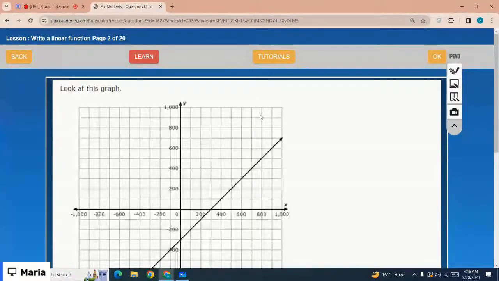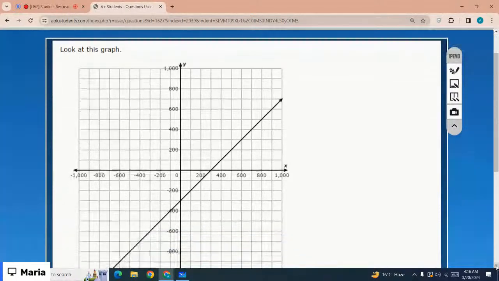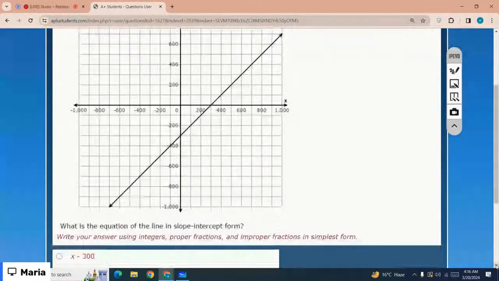Okay, the next one is, look at this graph. What is the equation of the line in slope intercept form? So which is the correct option?